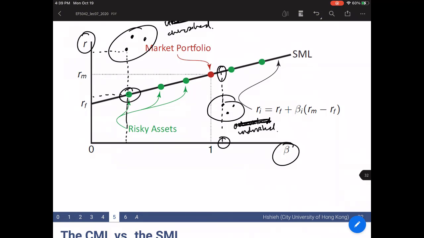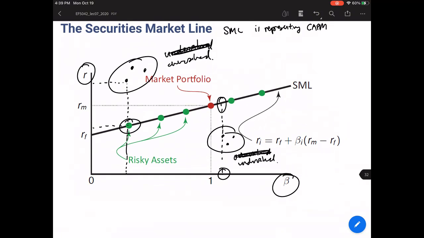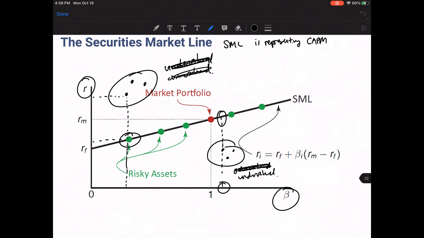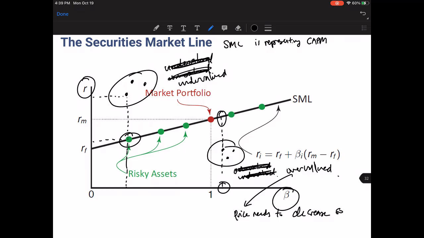Sorry, I was right the first time. I just read my notes a little bit more. This should be undervalued. I was thinking in terms of prices instead of returns. So this is overvalued. The logic is, for the overvalued case, it means that the price needs to decrease so that returns increase.